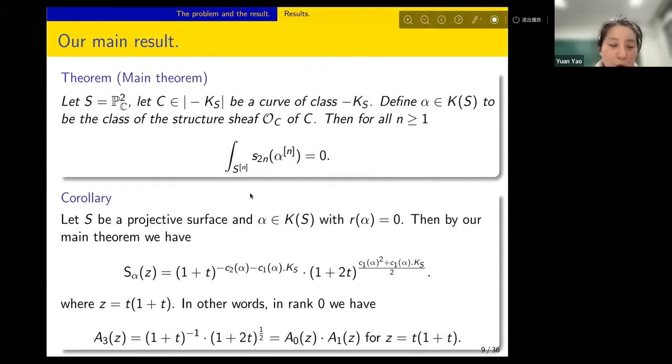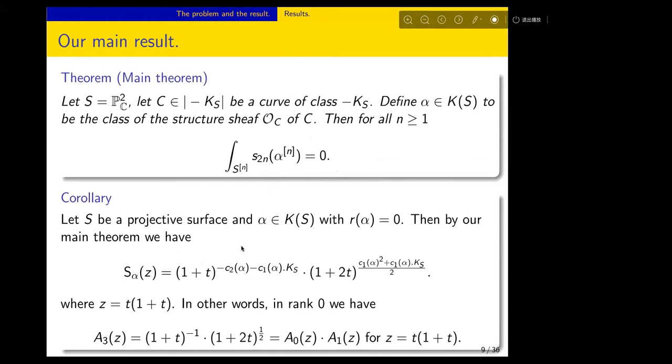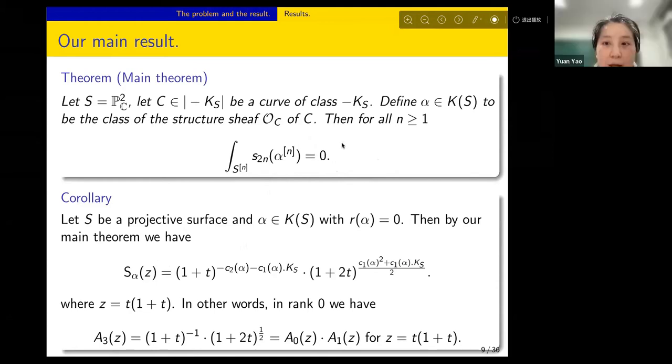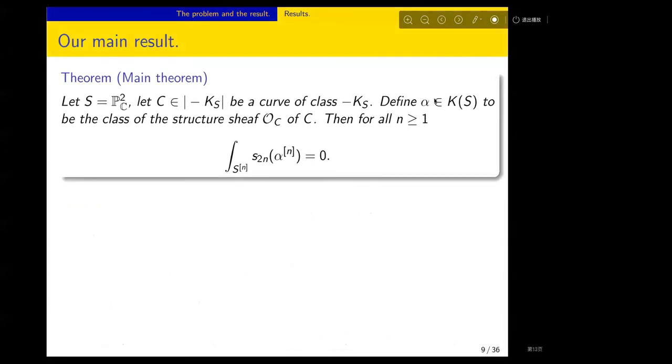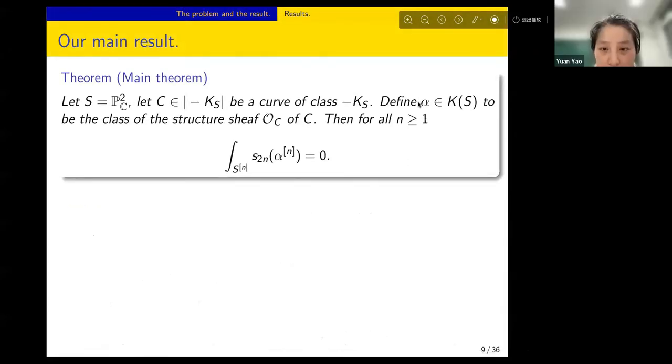Now we can show this Segre series. Sorry, yes? Excuse me, so the rank is the rank of the vector bundle or the rank of this class? Yes, the rank of the class. It's not always a vector bundle. The rank can be any integer.